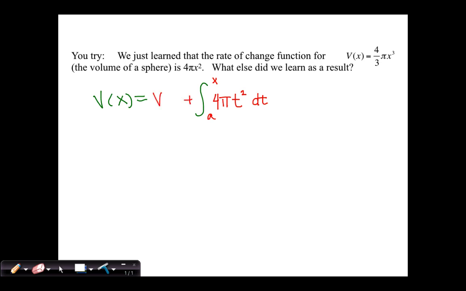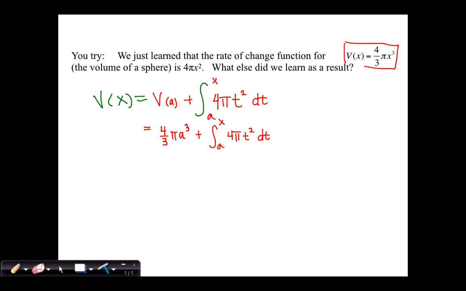Yeah, v of a, which I could also write, since I have a function in closed form here for v of x, as 4/3 pi times a cubed, sorry, and then plus this, the integral from a to x of 4 pi t squared dt, or pick your favorite non-x variable for that.